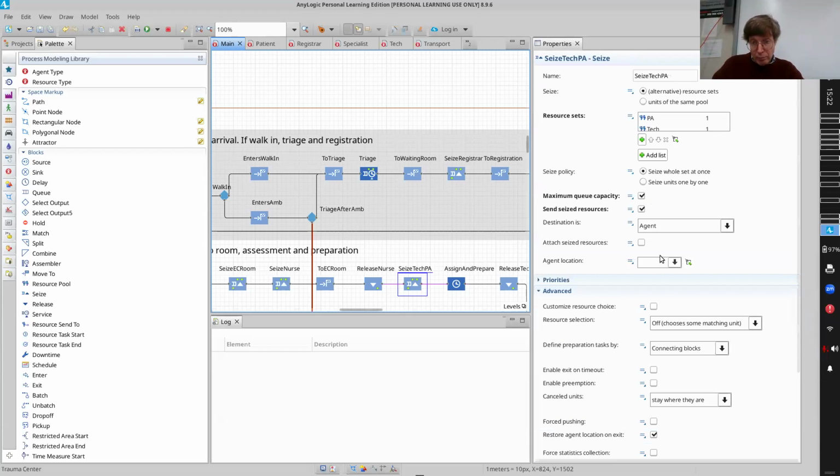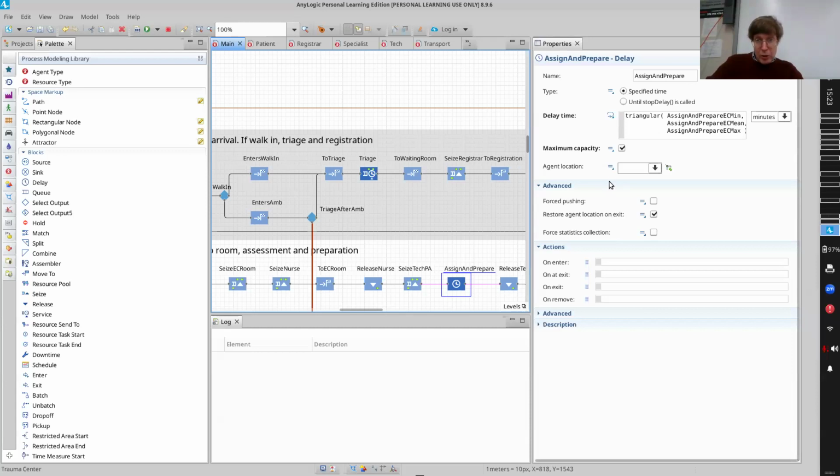They're awaiting a physician assistant, and it looks like a technician. Once they get both of those, they proceed to this delay block, which has a delay time given by this distribution. It draws from a triangular distribution with this minimum, this max, and this mean, and that many minutes.